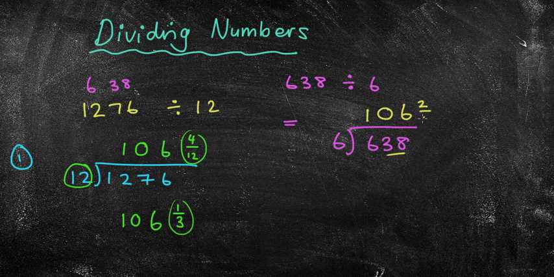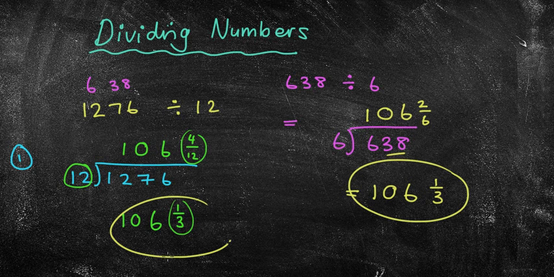So 2 over 6, which is going to be the same as 106 and 1 over 3. And look at that, they're the same answer. So sometimes, if you can halve both of those numbers, it's actually going to generate the same answer. So a little bit of a trick for you.